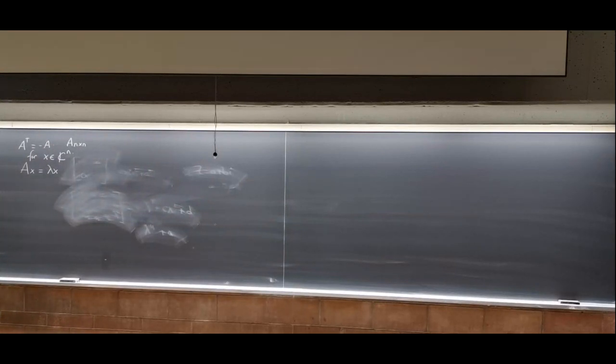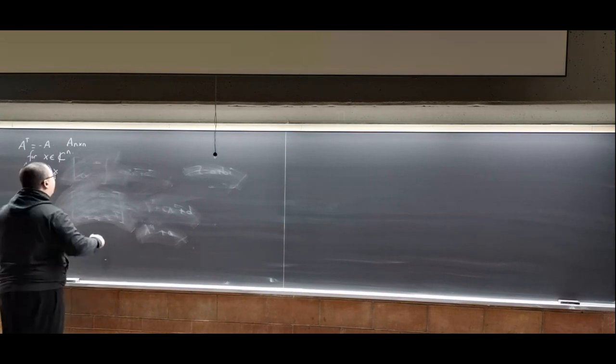Because we know that this is going to be complex, so let's make sure that our vectors are complex to begin with. So we know that this is true for some eigenvalue lambda. This is true, right? But A is real.